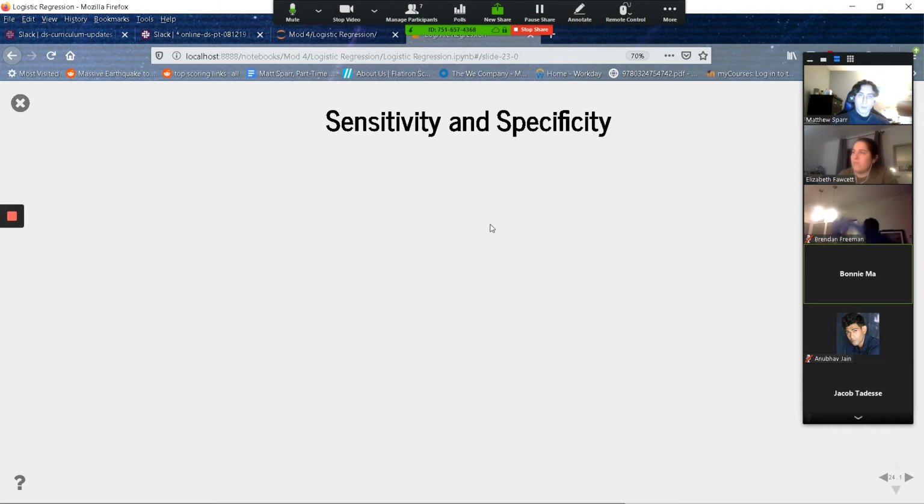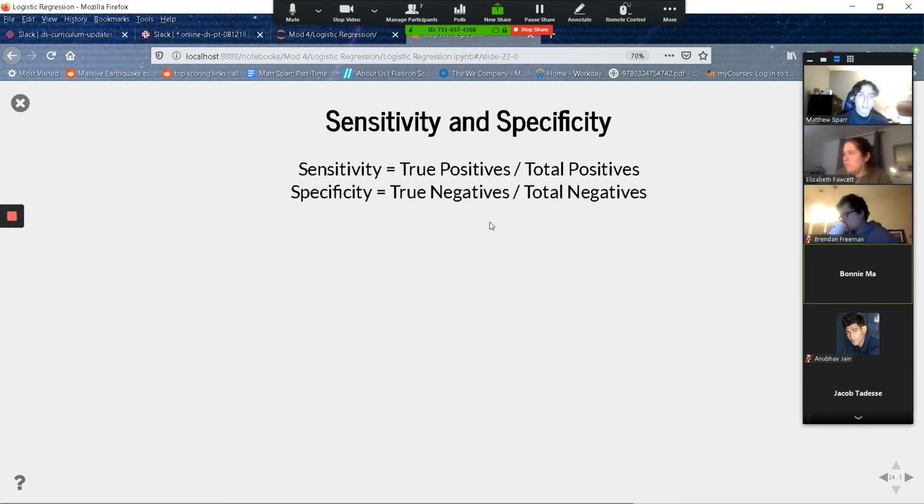That brings us to the topics of sensitivity and specificity. These are really important to know. They're also really easy to flip-flop and mess up, so you have to be careful. Basically, sensitivity is the number of true positives that you predicted correctly divided by the total number of positives.